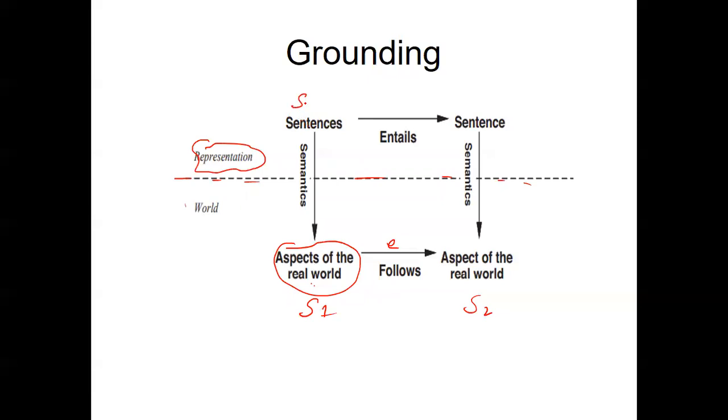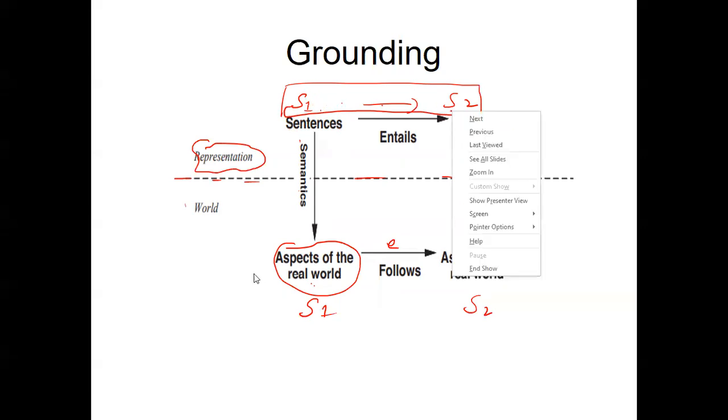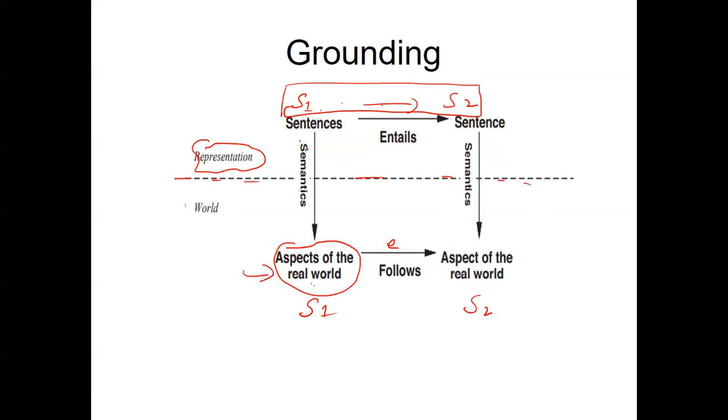So in the agent also you have a rule: from s1 you can go to s2. When there is such a rule in the representation, is the same thing also happening in the real world? In the representation you say that s1 entails s2, but in the real world also, is it reflecting or not? If it reflects, then we say it is grounding. If it does not reflect, then it is not grounding.